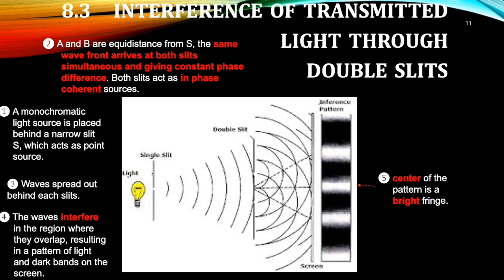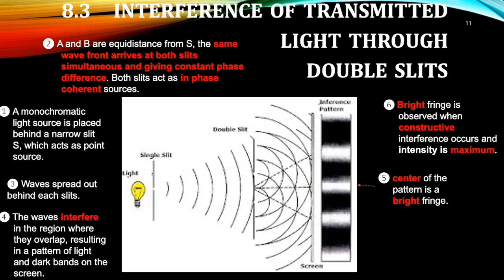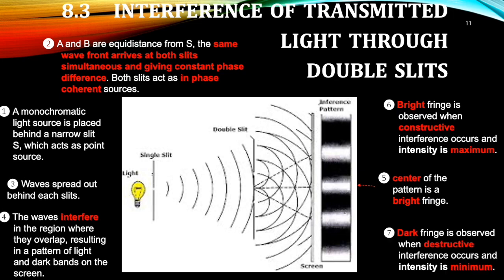A bright fringe is observed when constructive interference occurs and intensity is maximum. Thus a dark fringe is observed when destructive interference occurs and intensity is minimum.